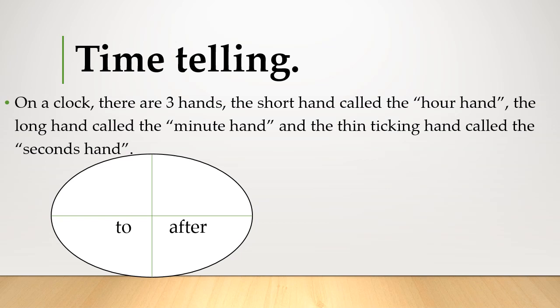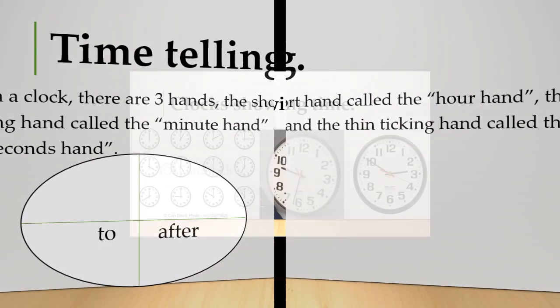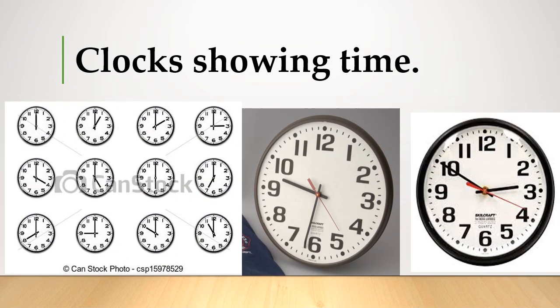So now let's look at a real clock and take good examples from it. We're looking at clocks showing time. This image is a variety of clocks showing the hour time. This here is 12 o'clock. This here is 1 o'clock, the short hand is pointing at 1.